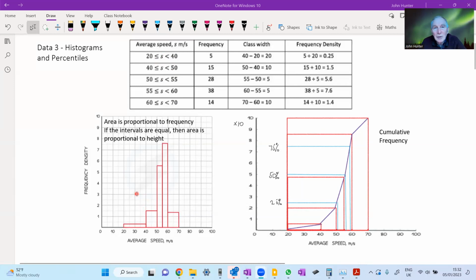It's a bit of an arcane distinction, but if you come across those two bits of terminology, mass and density, it's for that reason. But as I say, if the class intervals are the same width, then it's the same thing really. Okay, so that's what we've done. We've charted that.